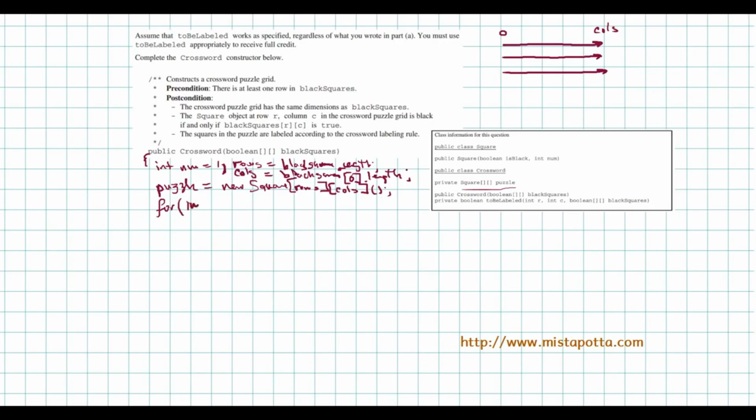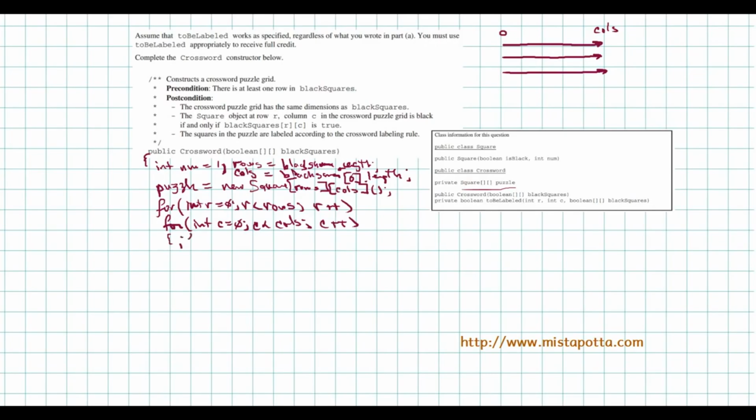So int r gets 0, r is less than rows, r plus plus, for int c gets 0, c is less than cols, c plus plus. And so now I'm ready to go through and figure out if this is going to be a labeled spot.